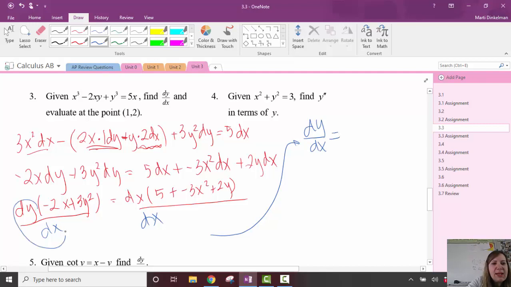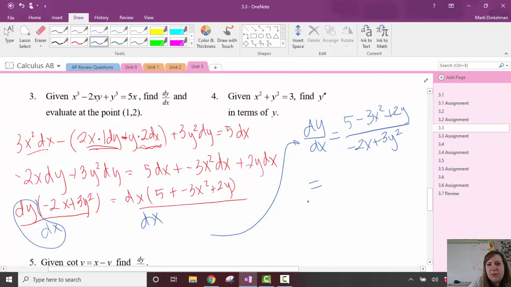So that means I have dy/dx here. I'm going to have to divide this giant term over in a second, so I'll do that in one step as I'm writing. Okay, so the numerator is 5 minus 3x squared plus 2y. And then I'm going to divide both sides by negative 2x plus 3y squared to find my answer.